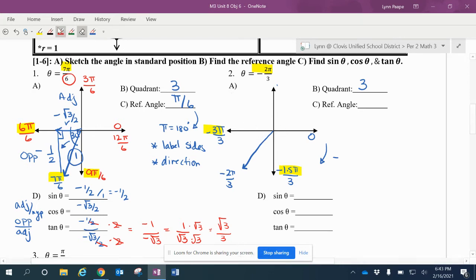Okay, so from there, I want to draw in my triangle. And I always want to draw to the x-axis, because our reference angle, remember, always goes to the x-axis. So that shortest distance is going to be in between -2pi/3 and -3pi/3. They are 1 pi/3 apart. And remember, keep that positive.